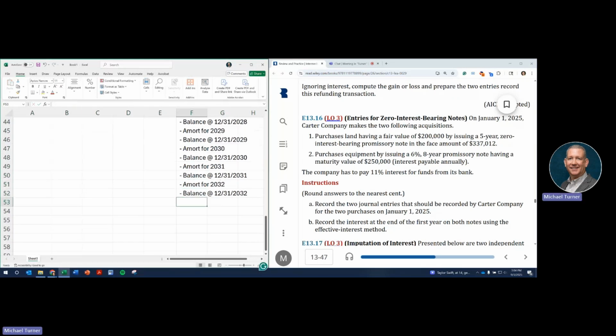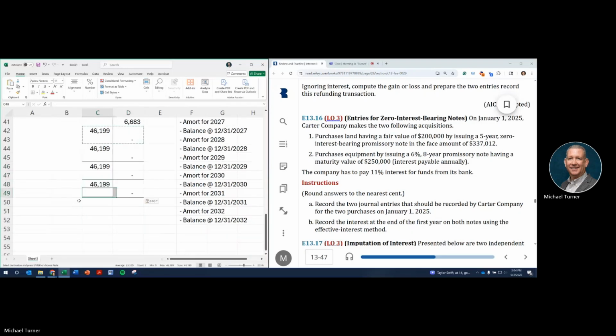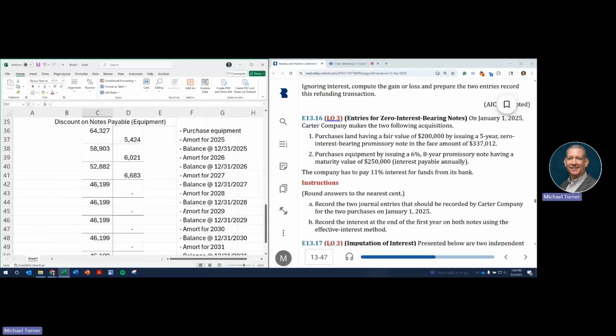And then 8. So there will be our 8 years. And we'll copy this on down 8 times. And we'll see what our balance is at the end of the period.